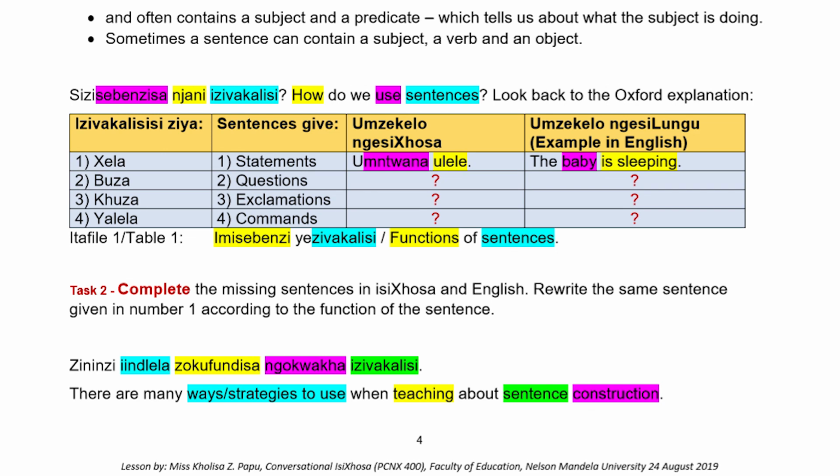So a sentence as a statement, here it comes in IsiXhosa, umntwana ulele. In English, that means the baby is sleeping. We are just stating that the baby is sleeping. Umntwana ulele. Full stop. Now, how would you construct a question using the same sentence?